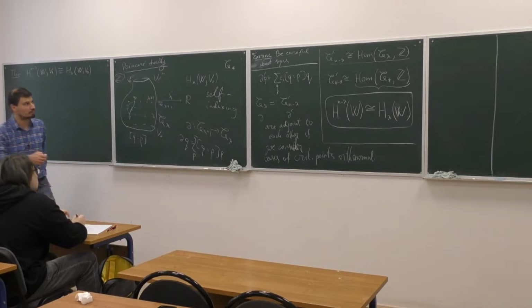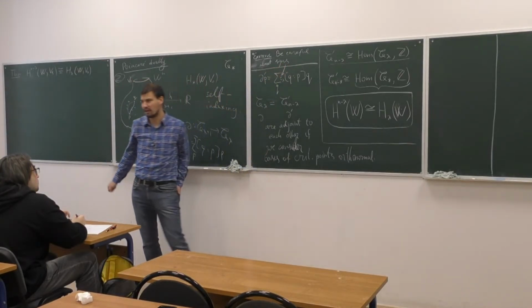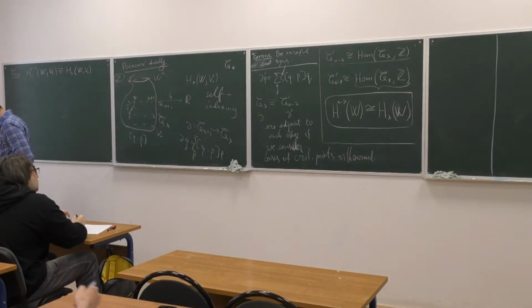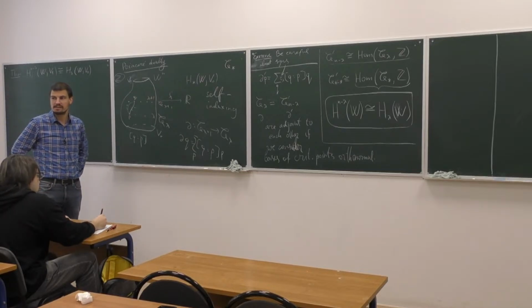So what is important is that the signs which we get here depend only on the index of critical points. Okay. Excuse me, here it turns out that W must be oriented.